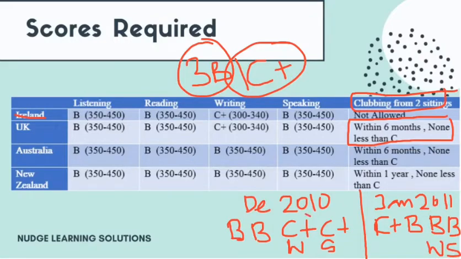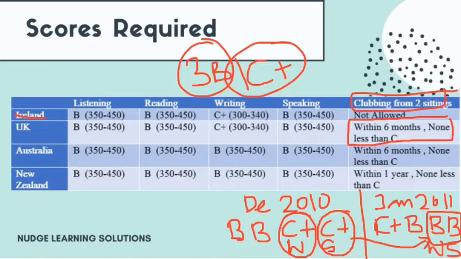So the score you lost in writing or speaking, either of them, can be compensated by the B that you got in the other exam that you have written within 6 months. So that is a unique feature of the UK, where you can club two scores, so that you can meet the requirement of 3 B's and 1 C plus.